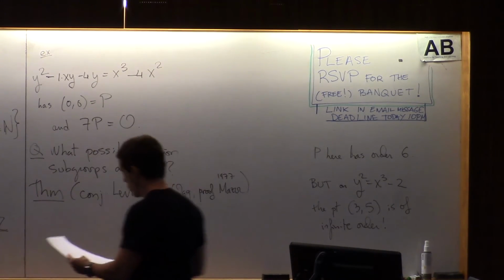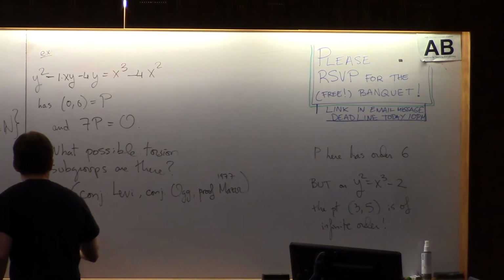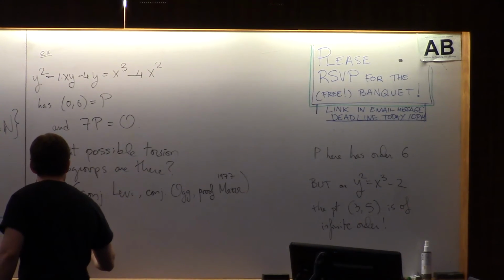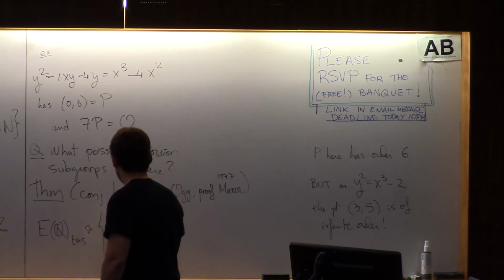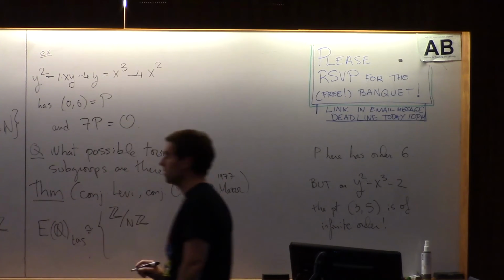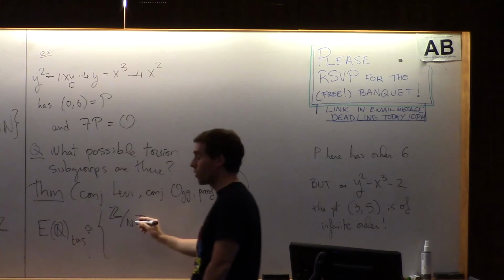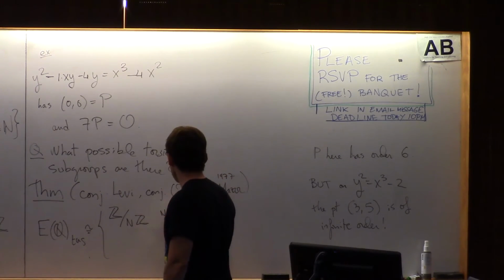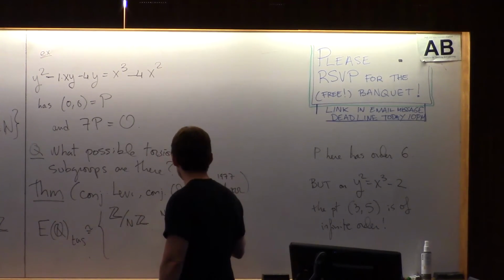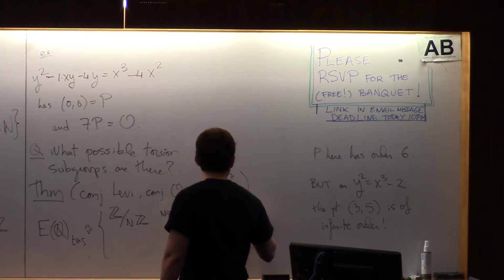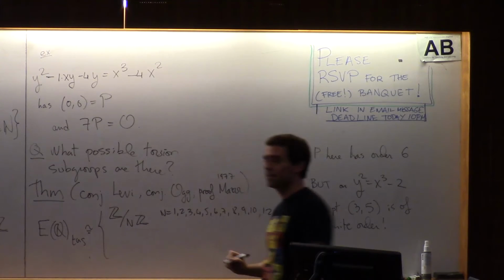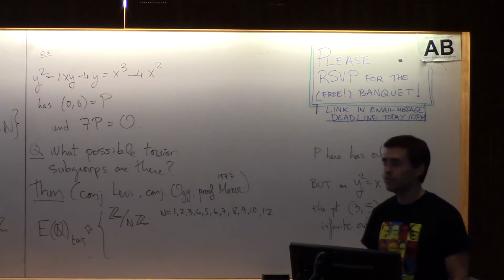He proved the following, that the torsion subgroup is one of the following. It can be cyclic, generated by one point of order n, with n equal to 1, 2, 3, 4, 5, 6, 7, 8, 9, 10, 12. It skips 11.